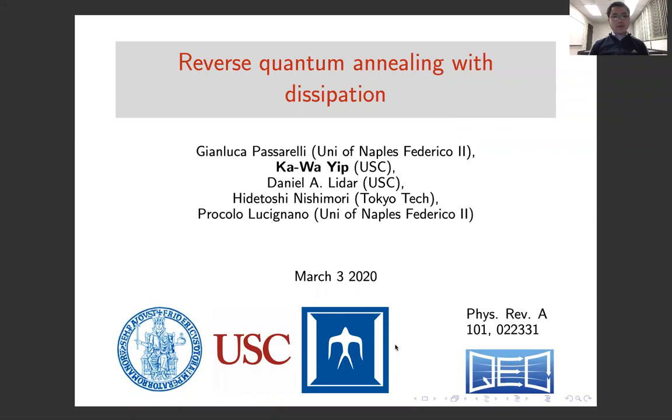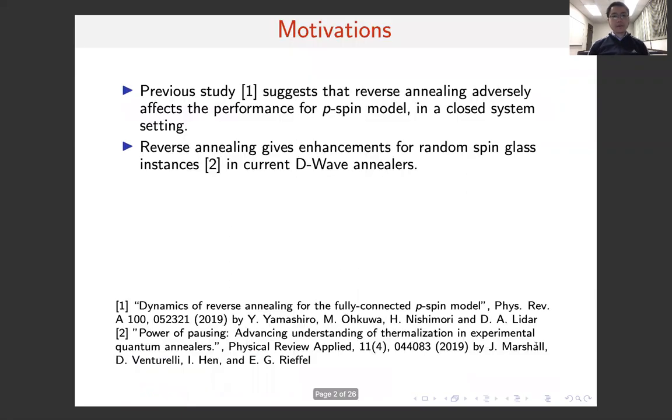The topic is reverse quantum annealing with dissipation. This is a joint work with people all around the globe, and for more information, please refer to our paper online. The motivation of this project is to explain the reason behind two different results of two previous studies.